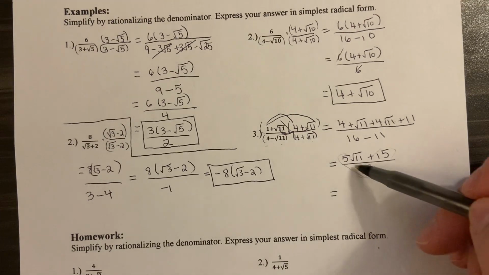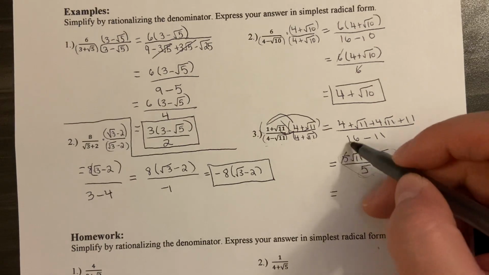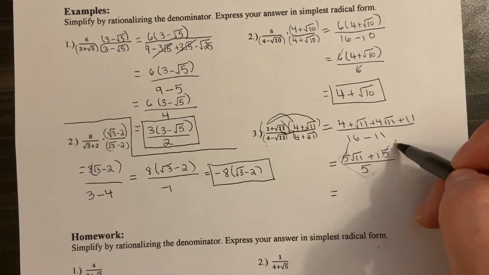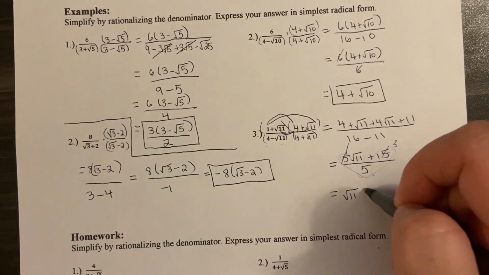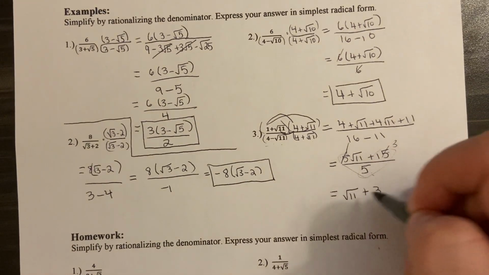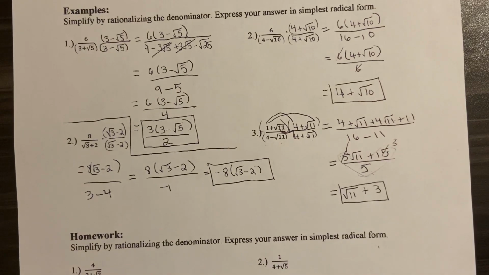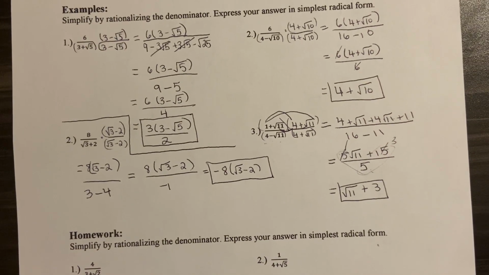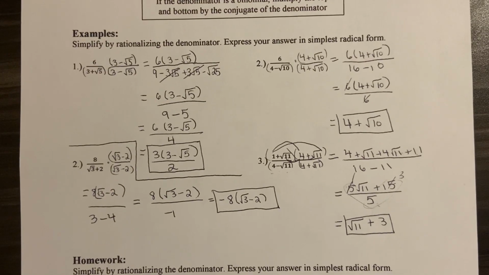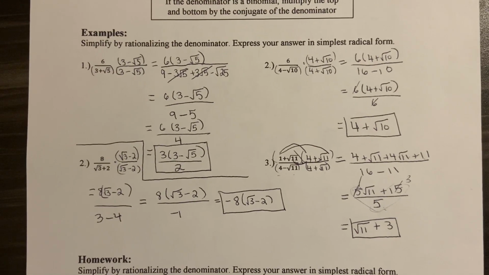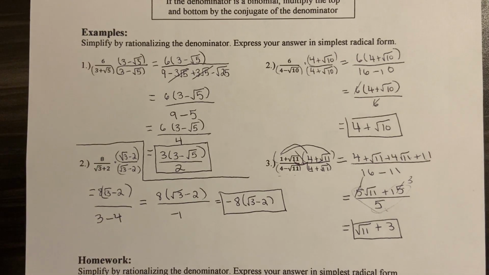And I can. 5 goes into 5 one time. 5 goes into 15 three times. So my final answer ends up being radical 11 plus 3, because I can simplify that. Okay? So those are 4 examples for you guys. Just follow those when you do the homework, and you should be good to go. Okay, thanks.